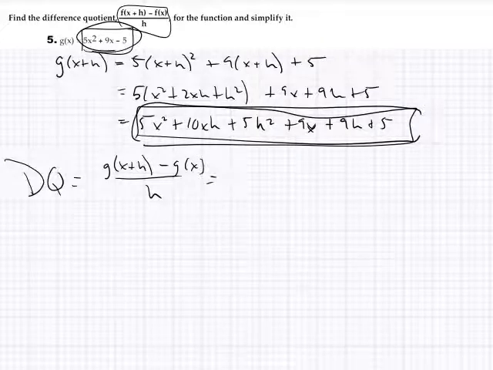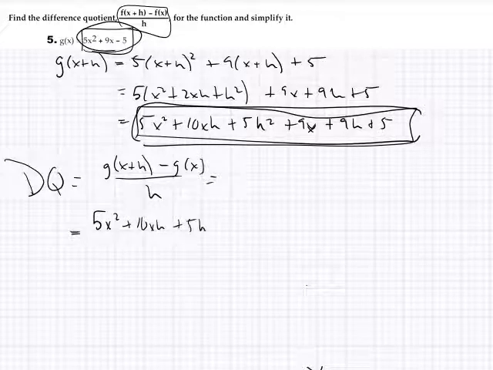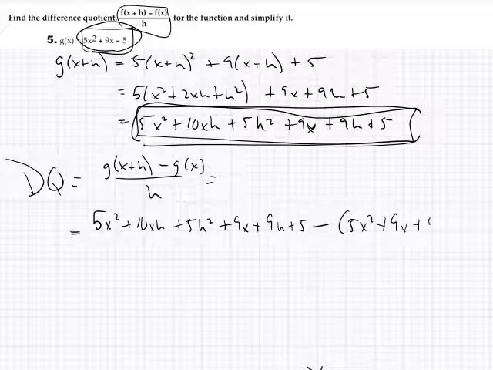So that would give us 5x squared plus 10xh plus 5h squared plus 9x plus 9h plus 5 minus 5x squared plus 9x plus 5, or minus 5. Sorry, everything here is based off of this being a minus 5, okay?